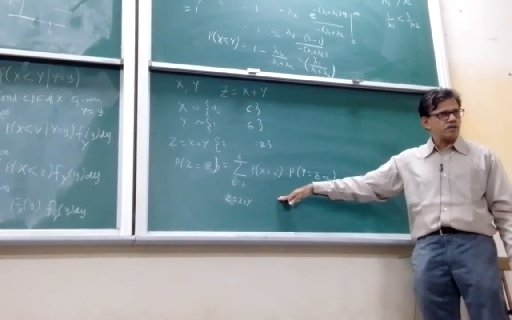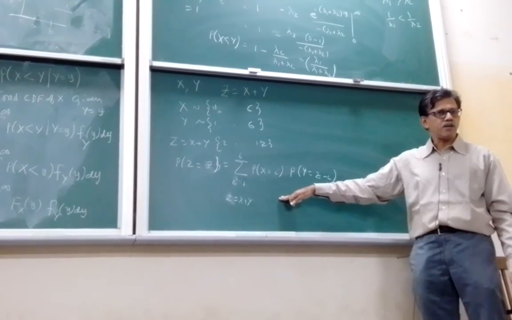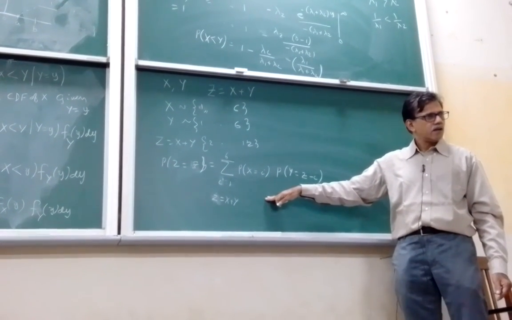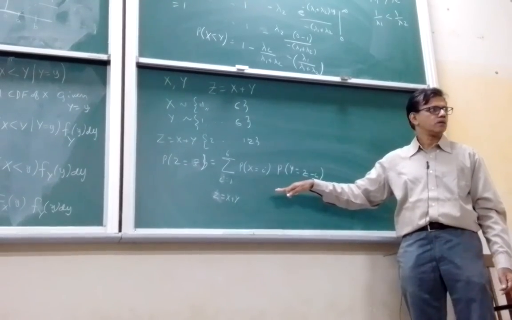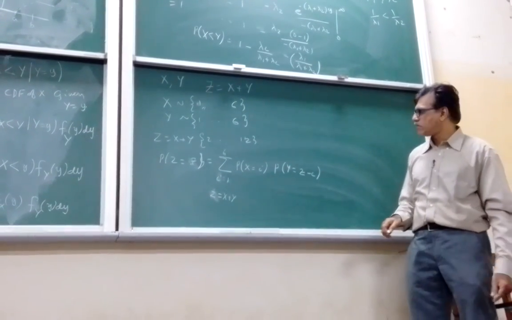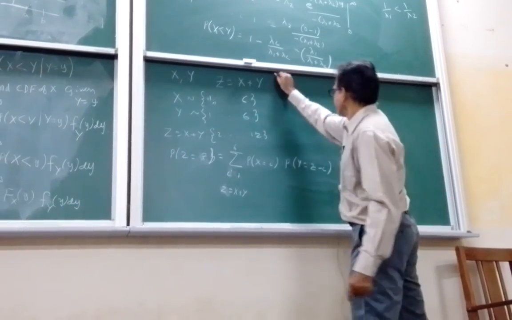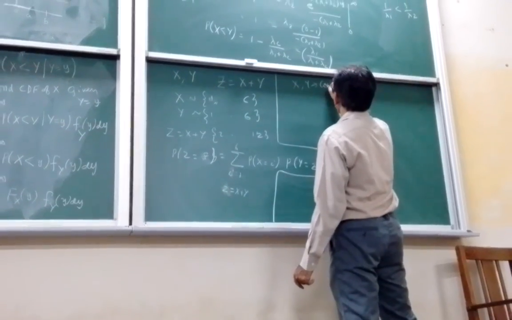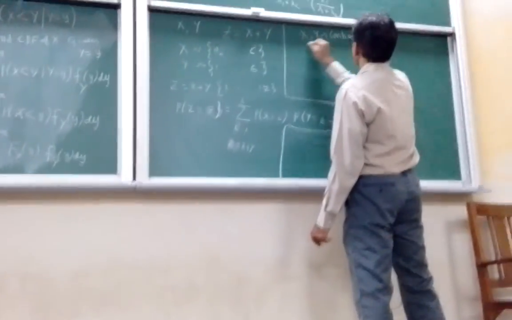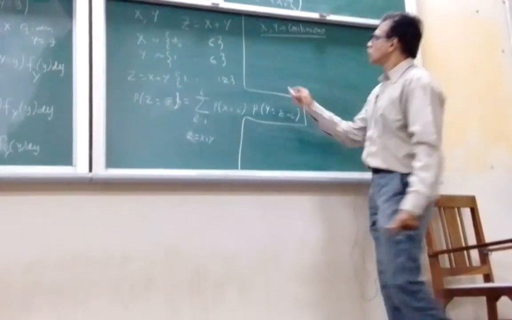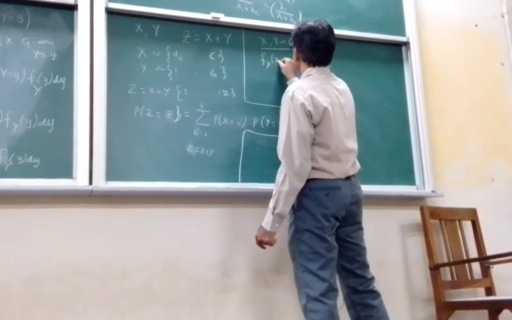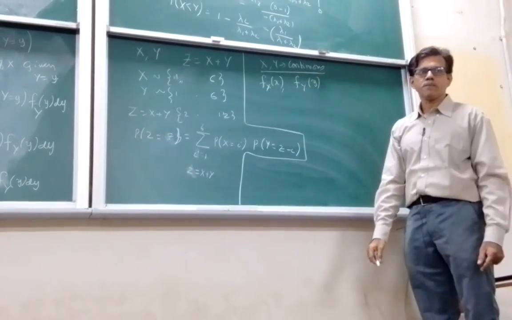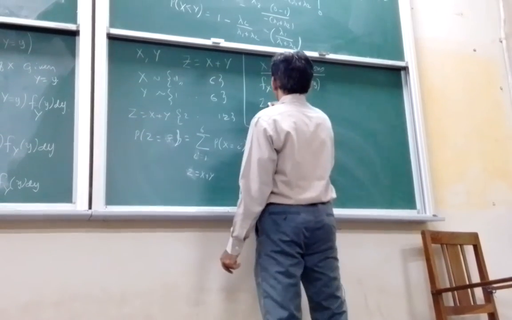And have you encountered this kind of summation? Yes, it's discrete convolution. In a similar manner, you can have it for the continuous case also. So you have f x of x and f y of y, the density functions, being given, then z is x plus y.